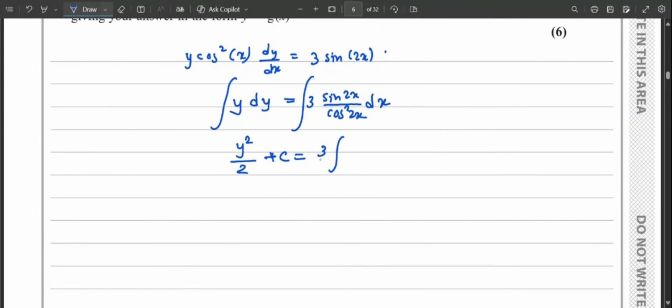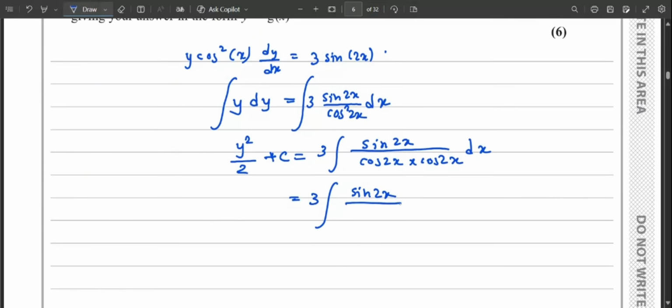We can bring out 3 before the integral sign, and then we can write our expression as sine 2x divided by cos 2x into cos 2x dx. We can further simplify this as sin 2x divided by cos 2x into 1 by cos 2x dx.